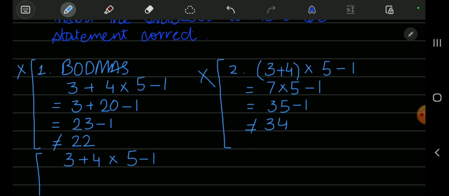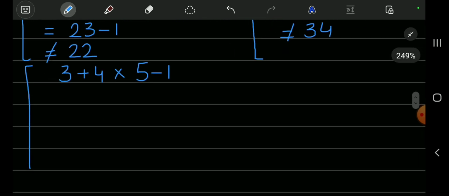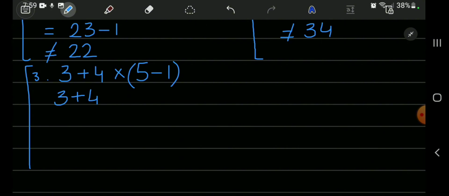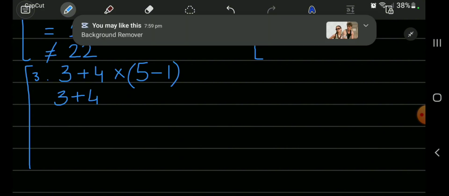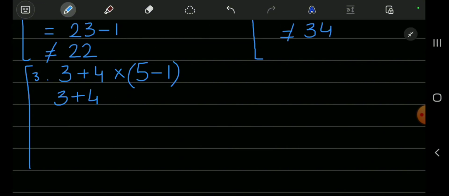Now the third time we are doing it. First we put a bracket over here, now we are putting a bracket over here and try to solve it. 4 plus 3, no, first the brackets. So 3 plus 4, this is your third method. 3 plus 4 multiplied by 5 minus 1 is 4.